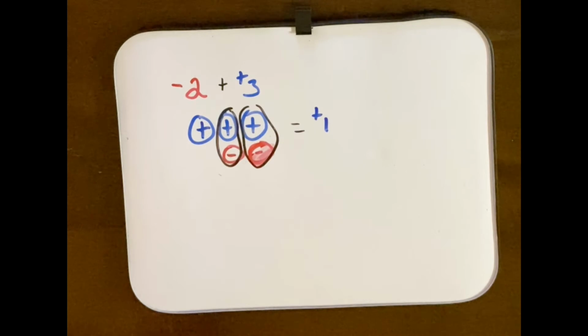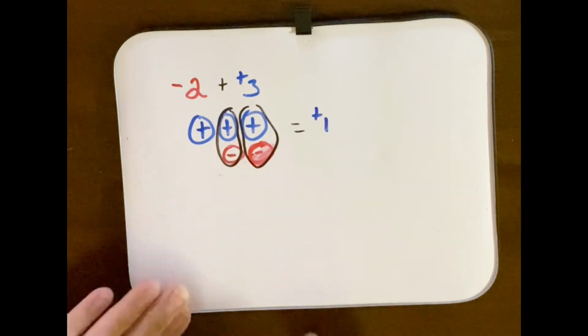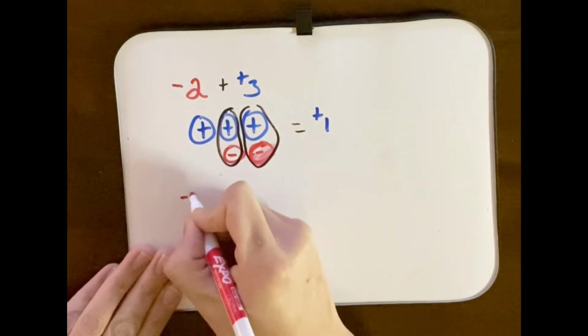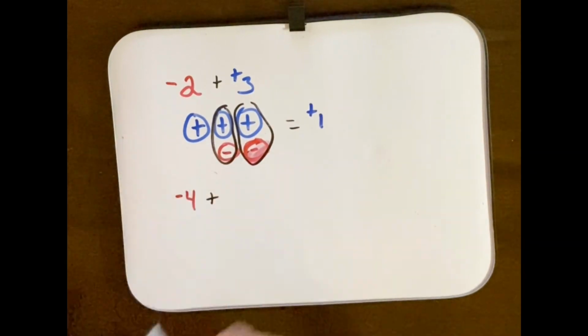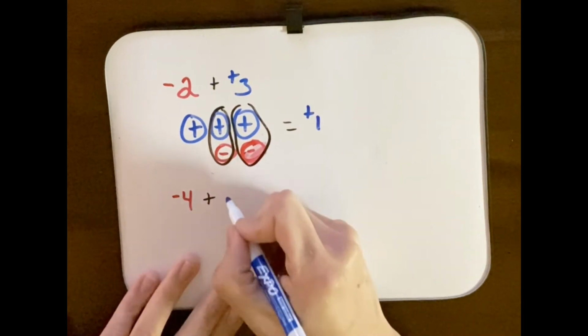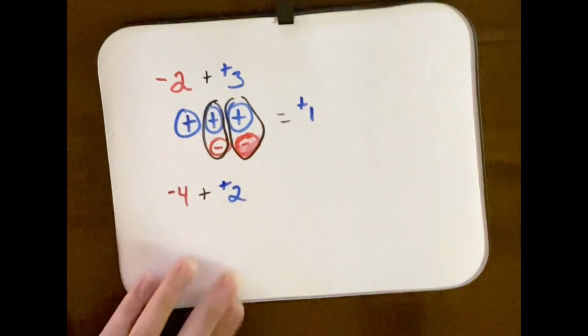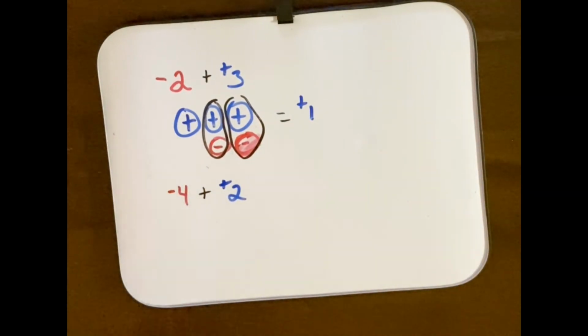So another way to look at this, again, let's say we're dealing with another question in addition. Let's say we have -4 and we're adding positive 2. We draw this out, and you don't have to use colors.